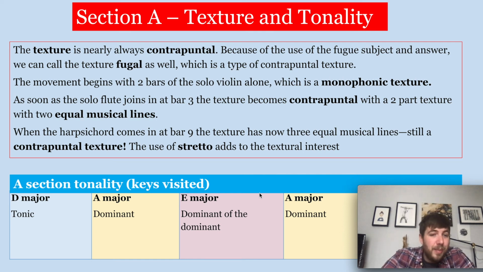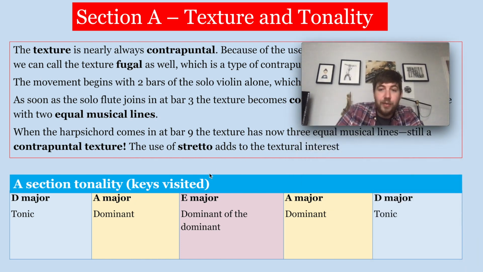We even make it more complicated at bar 9. Now we have three melodies playing at the same time as a contrapuntal, and then we add the use of stretto as well. So within the first 39 bars, you've got fugal or contrapuntal, monophonic, contrapuntal again, and then stretto. Within that as well, you then move to loads of different keys.